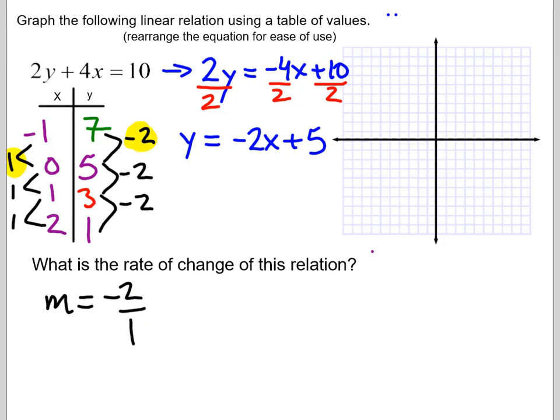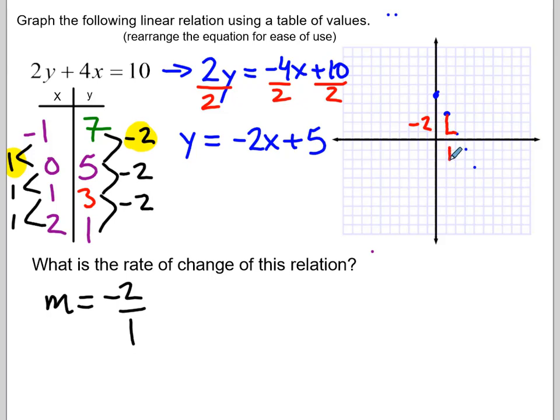If I plot all these points, there's a dot, 1, 3, whoops, got too close to the board. And then here, here, here. Now if I investigate how those are changing from a picture standpoint, you can see that's down 2 and right 1.